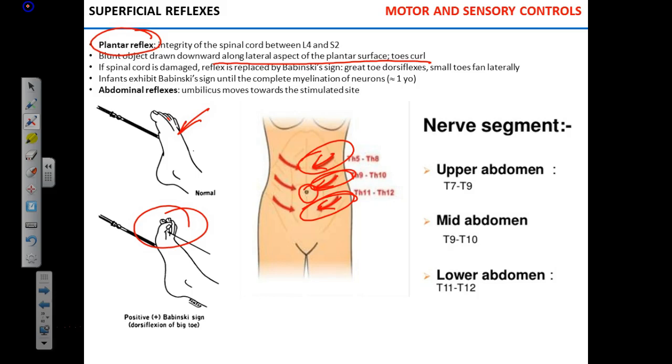Does that make sense? Any questions before we take a break? Go ahead. L4, S2. So lower lumbar, upper sacral. We good?